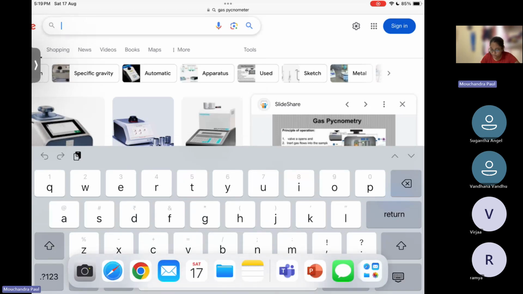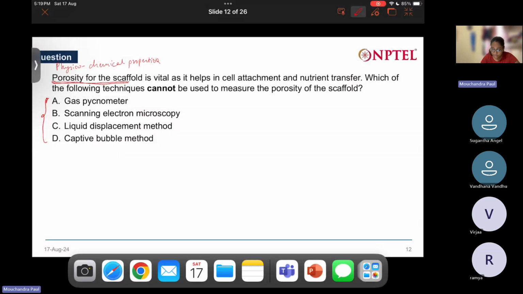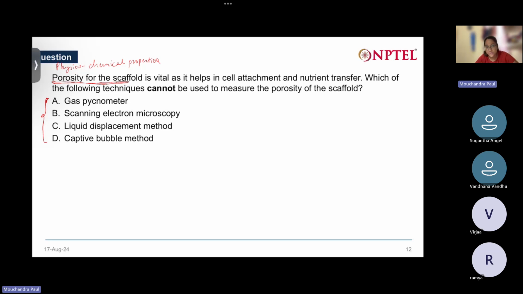Then another technique that was mentioned was scanning electron microscope. So you already know what is scanning electron microscope. Here we are just scanning the surface of the scaffold and trying to capture images, okay, of the scaffold. While doing so, we can also see some locations which are very dark, and there are also some subsurfaces which are brightly illuminated.